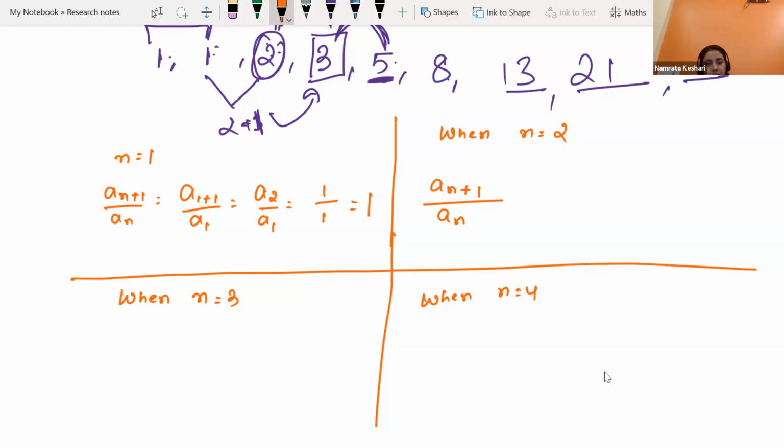Ma'am, is it 2 by 3? a n plus 1 by a n. Third term by second term, right? When n is 2, it is 2 plus 1 by 2. That means third term by second term.